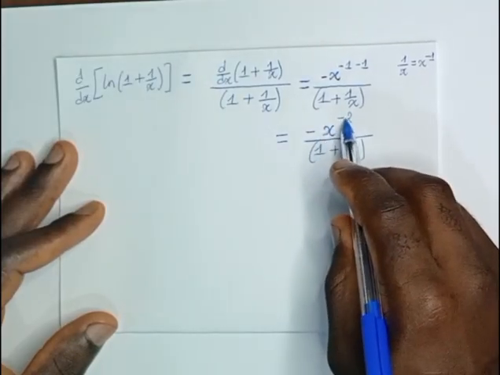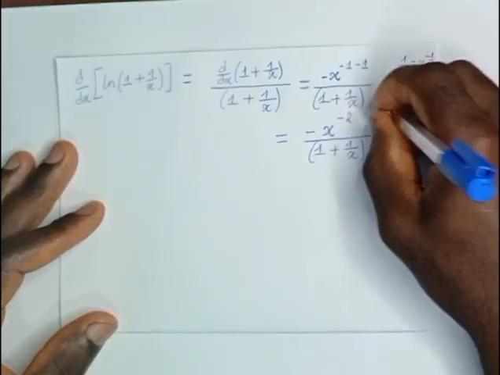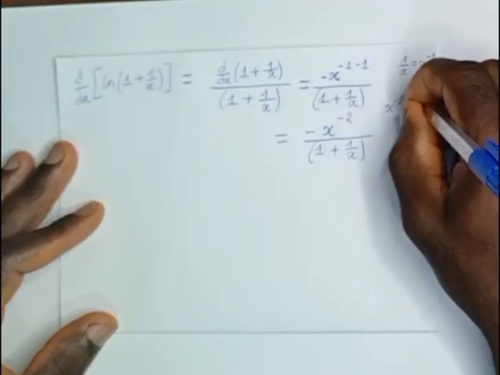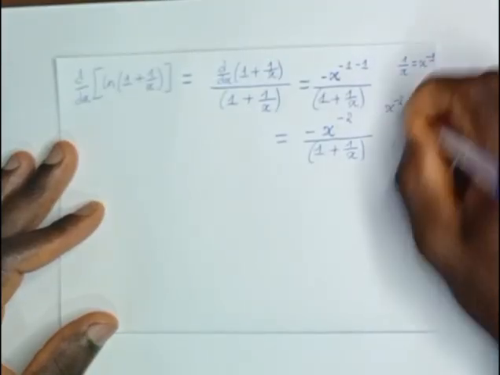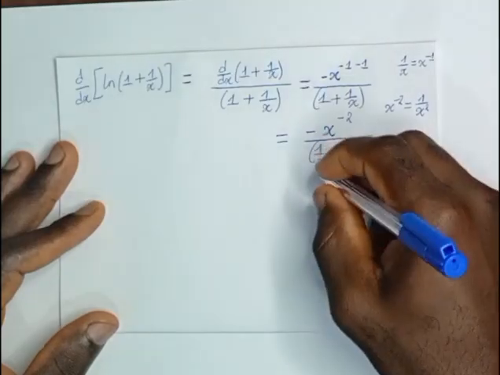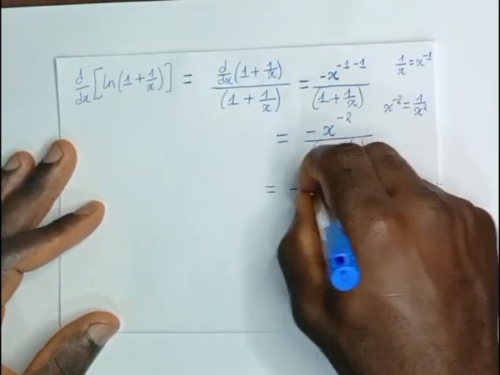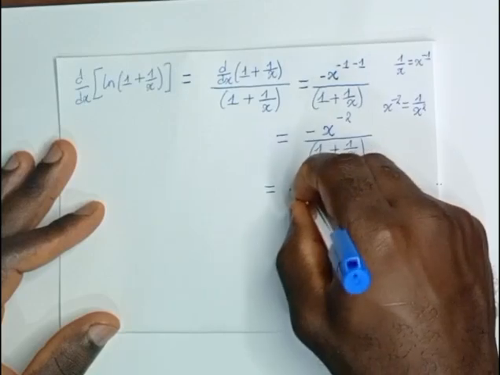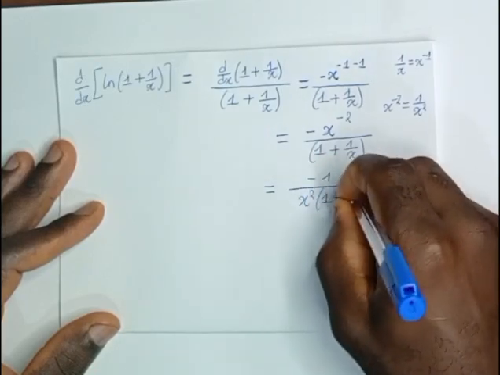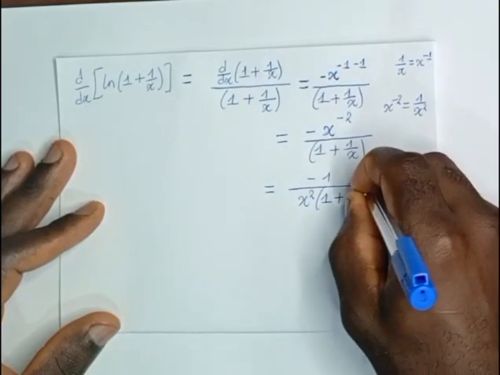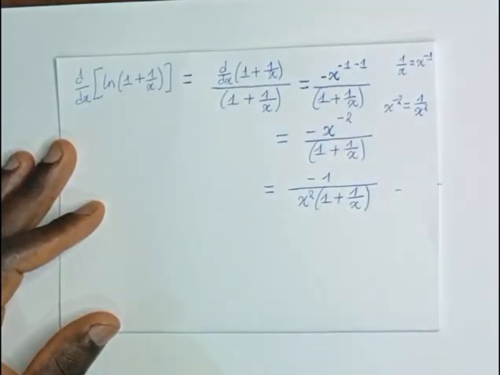X raised to the power negative 2 is simply the same as 1 all over x squared. This is what it means. We are going to bring it down, so this will be equal to negative 1 all over x squared times 1 plus 1 all over x as such.